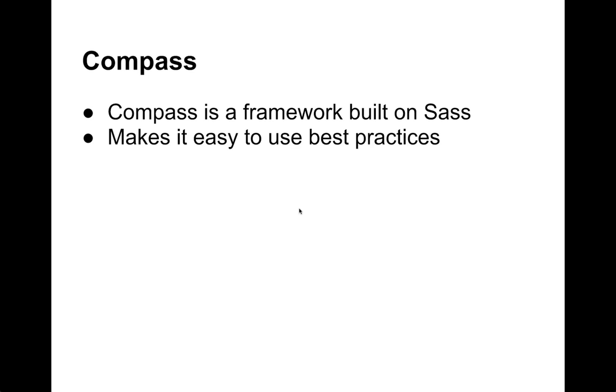now I'll introduce another very cool tool that's called Compass. And Compass is a framework that's built on top of Sass, which means that Compass is using Sass to do some really cool tricks.